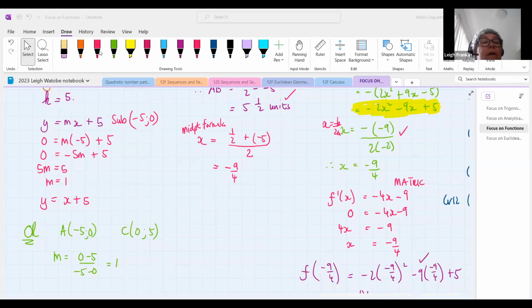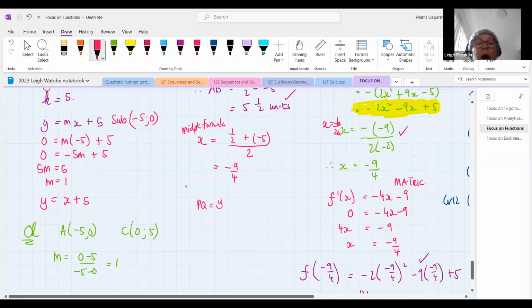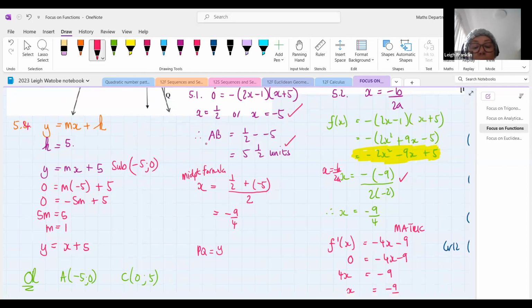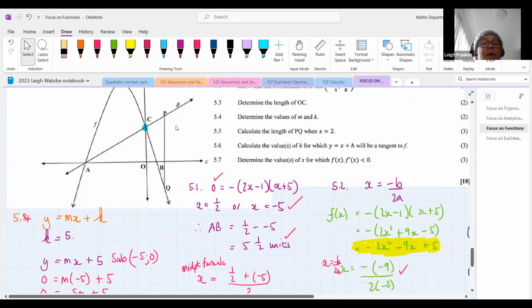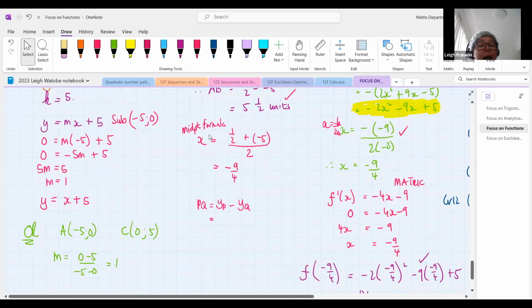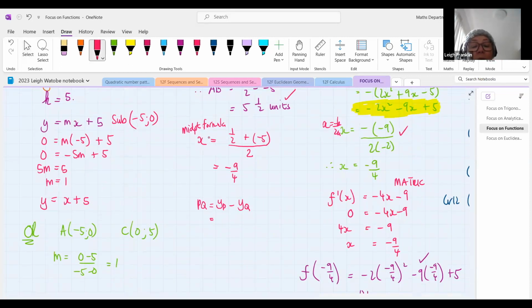we would say that PQ is the y at P minus the y at Q. The y at P is a point on the straight line. So the y at P, everyone, is x plus 5.